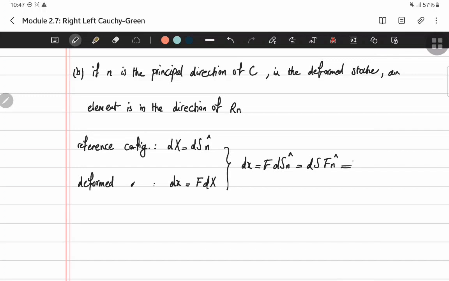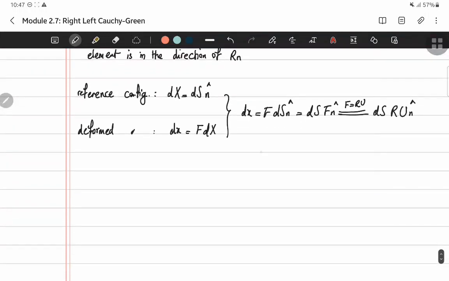Instead of F, I write RU, since F is equal to RU, so I have ds RUn. And if you remember, we had Un equal to lambda n. Therefore, this becomes ds lambda Rn.